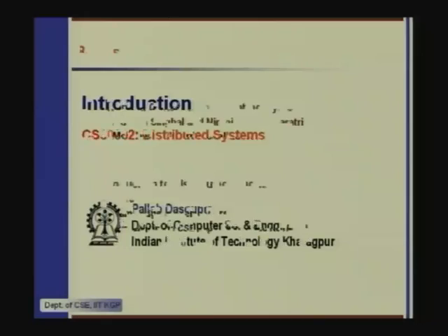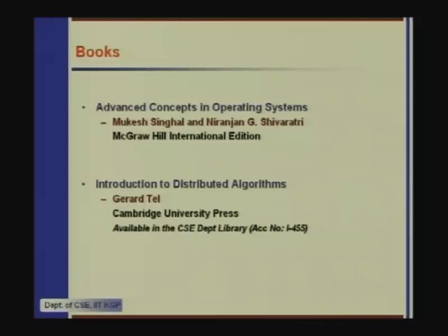So, the books that we are going to follow mainly are the following. There is a book on advanced concepts in operating systems by Singhal and Shivaratri. There is a McGraw-Hill International edition for this book.